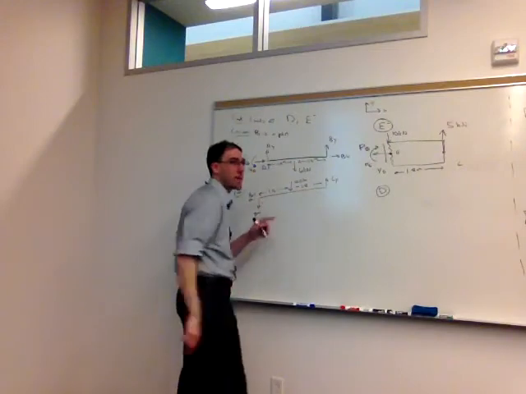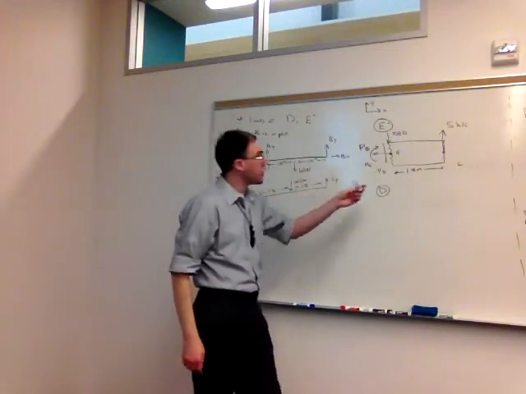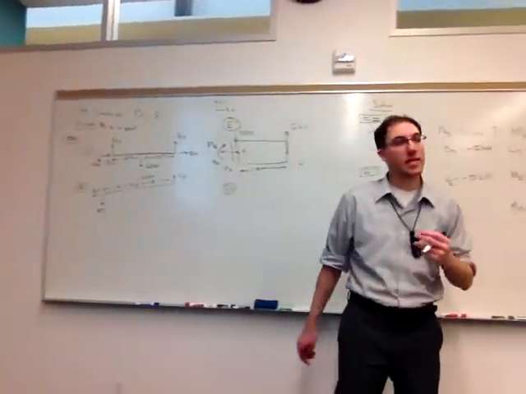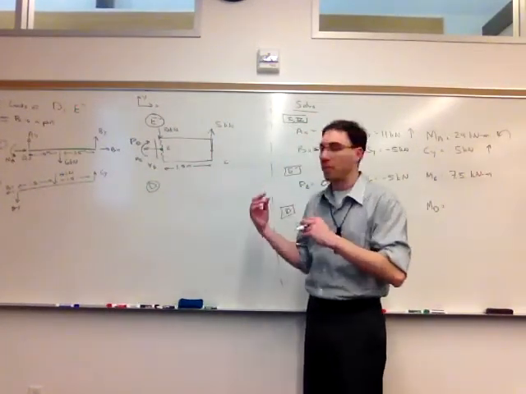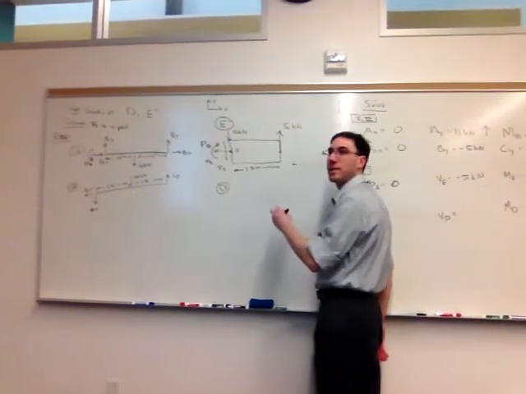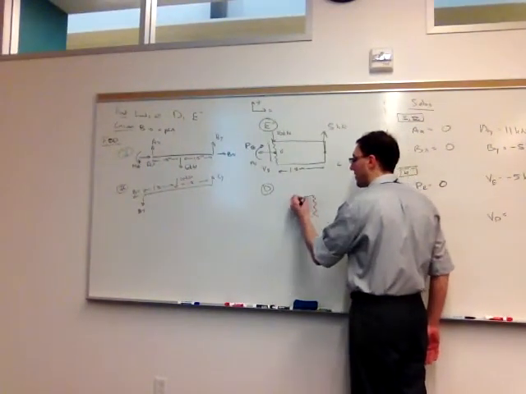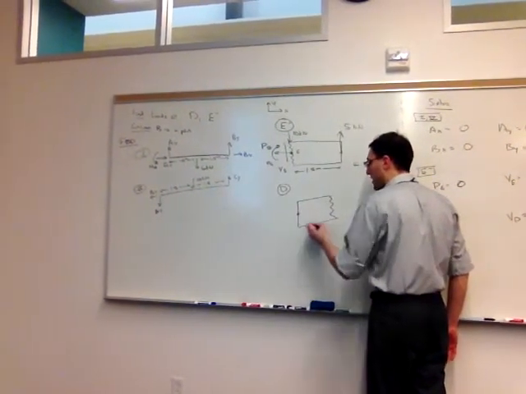Just like at point E, I think it's easiest to take everything to the left rather than dealing with the larger amount or the pin connection. So I will choose in this one to take everything to the left of D. I think it's a little bit simpler.